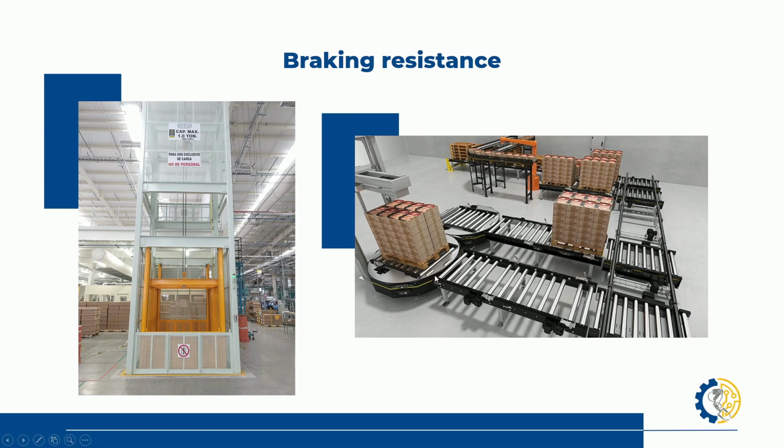Now, when we get these types of movements, at the moment of braking, there's an excess of energy. So that energy, we need to send it through a device. If not, it's going to stop our motor, but through inertia and not because of a velocity ramp, which means it's going to stop only when it's required.